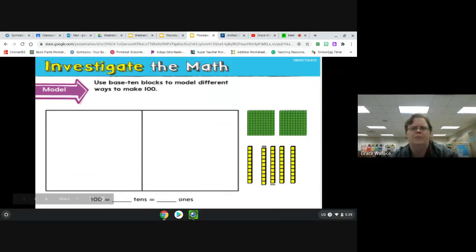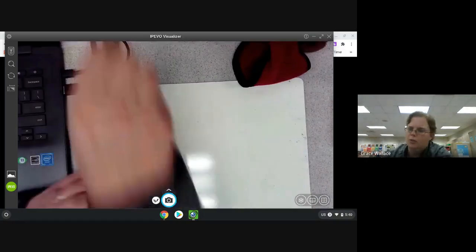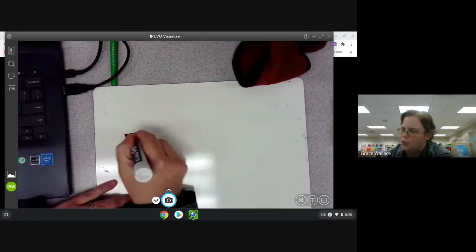Same thing here. We can use base 10 blocks to model different ways to make 100. On paper, if you get your whiteboard, it's kind of an easier way to do it. Get our whiteboard, and I want to make different ways to model 100. It's that same type of question. We'll draw a place value chart.